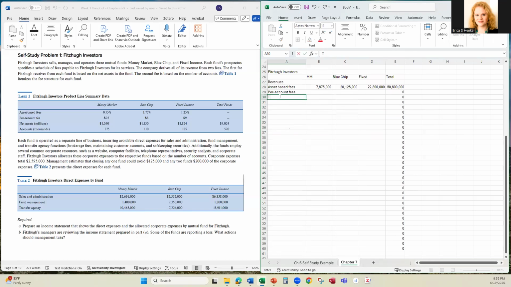And then for the per account fees, it's going to be $25 times 275,000. That one, $8 times 110,000 and $9 times 185,000.